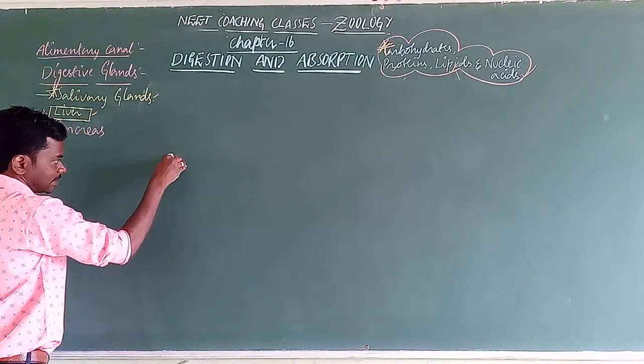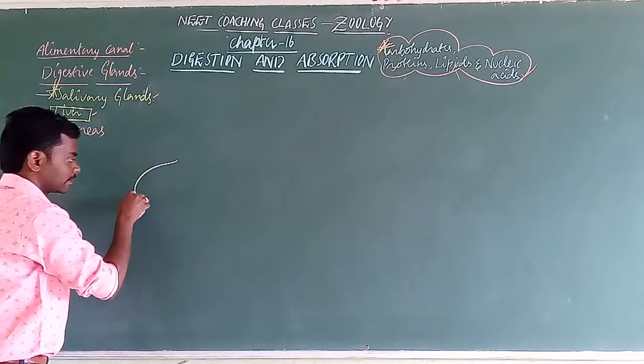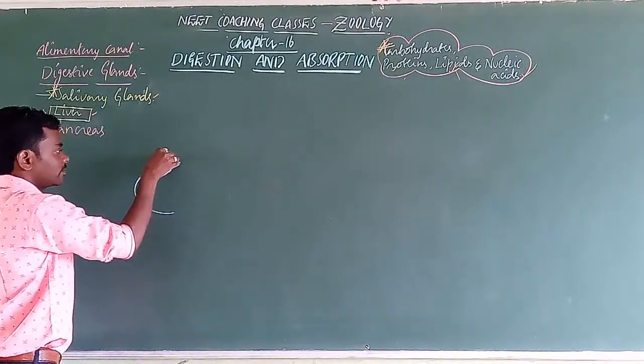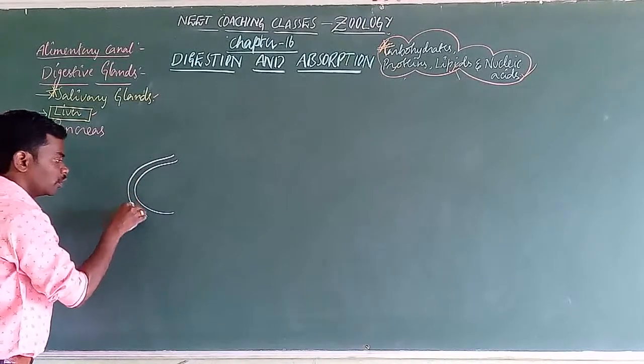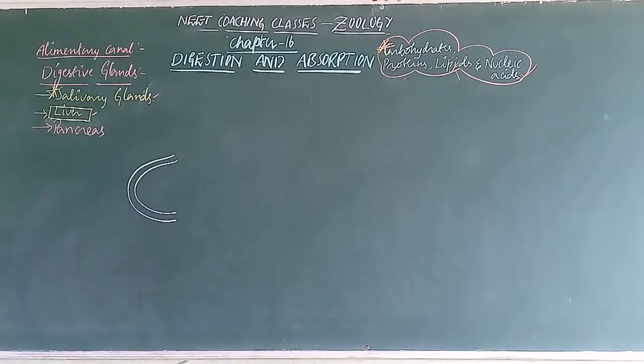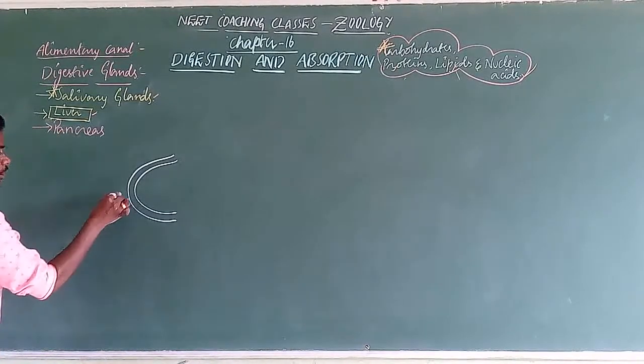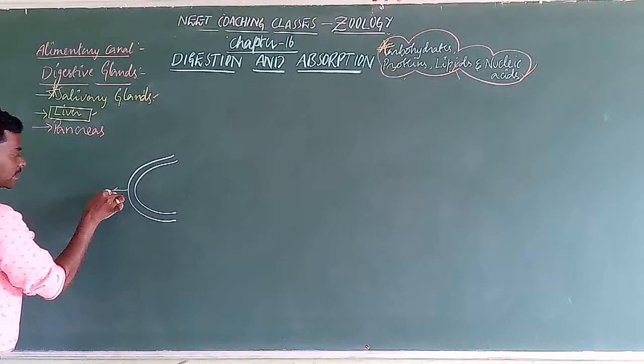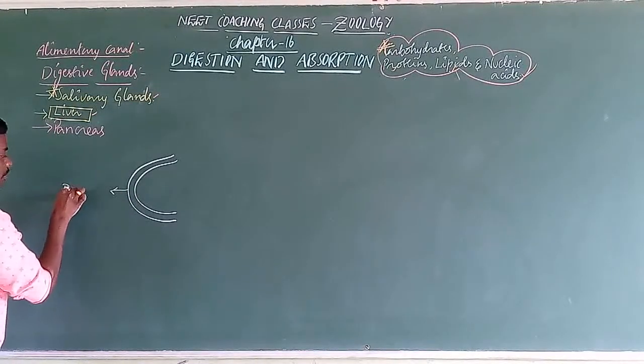Let us imagine this is the stomach region, present in a U shape, and the first region of the small intestine is called the duodenum.